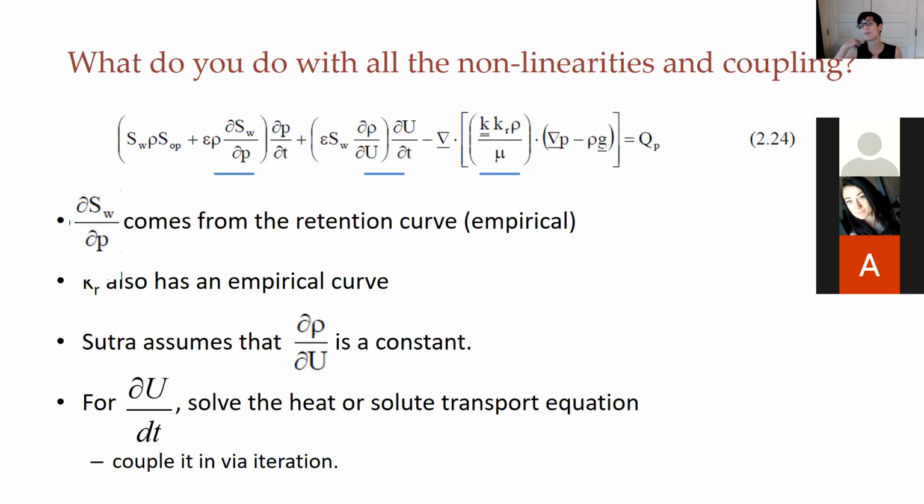And if you were new to looking at the Sutra input, if you had a new graphical user interface to use Sutra, you wouldn't be surprised now to know that it would want to have a tolerance, and it would also like to have a maximum number of iterations, okay? So that's how you handle these. These are the nonlinear terms here, and the coupling that comes in here.